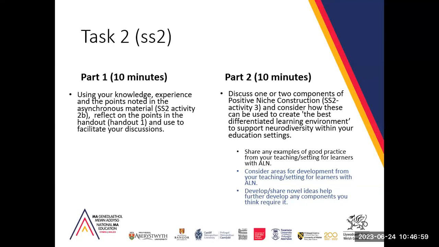The second part of that activity, I'd like you to discuss 1 or 2 of the components of the positive niche construction. Consider how they might be used to create the best differentiated learning environment to support neurodiversity, and share examples of good practice. If there's an area where you think, actually, I'm not sure we do that within our setting, have that discussion with the people in your group.